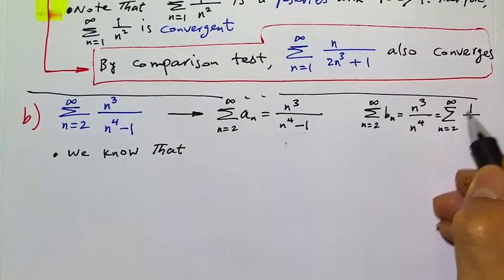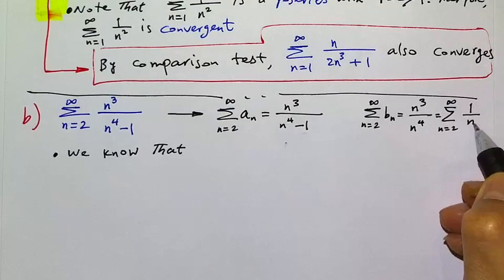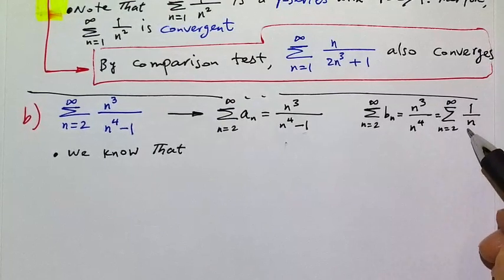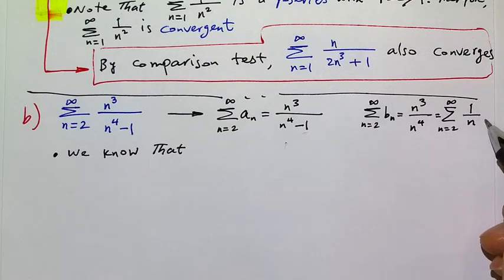We get 1 over n, right? This is the harmonic series. Part of the harmonic series starting from n equals 2: 1 over 2 plus 1 over 3 plus 1 over 4 and so on. The harmonic series diverges.